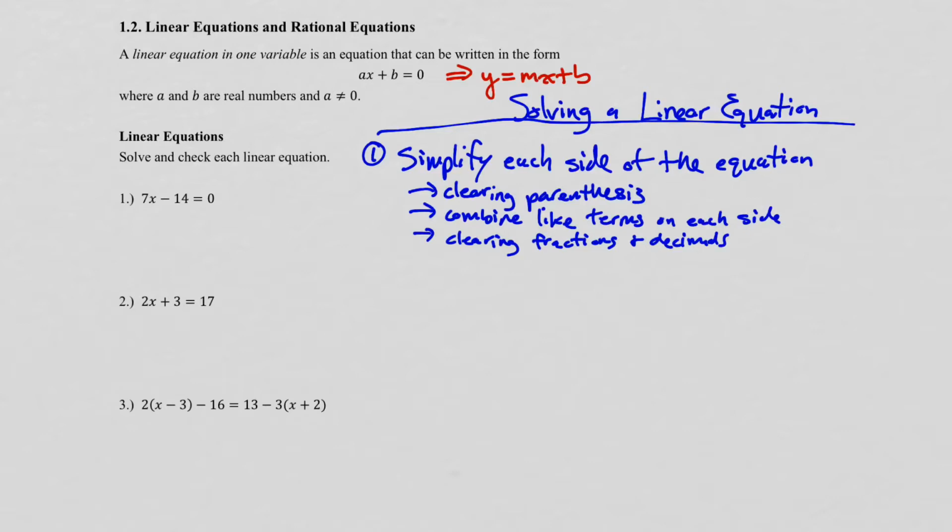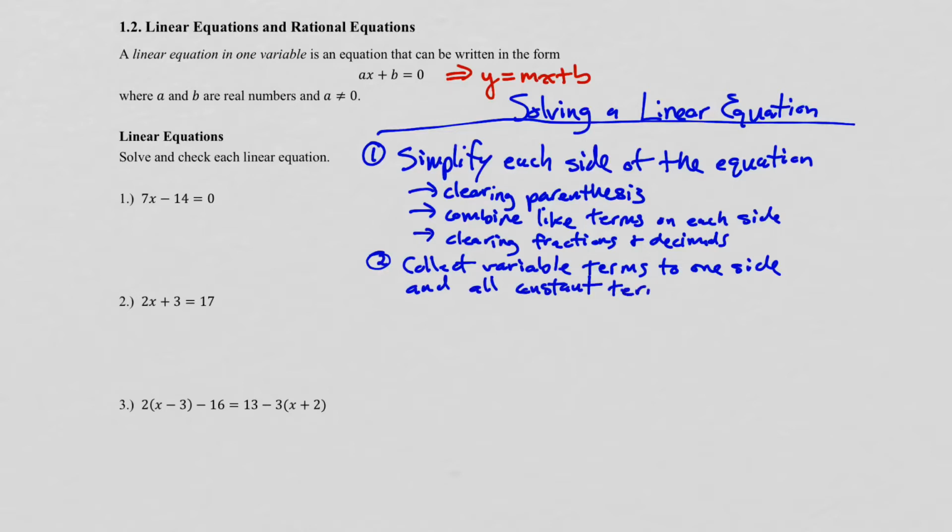Okay, so after you simplify the sides, then you want to go ahead and get the x terms to one side and all the numbers to the other side, or the constants. So collect variable terms, collect variables to one side and all constant terms to the other side.